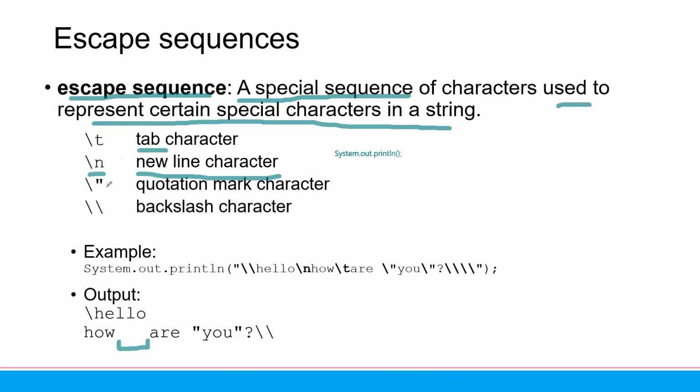The other one is about the quotation mark. Let's suppose in the string I want to include a double quote. You need to put the backslash symbol in order to print this double quote.